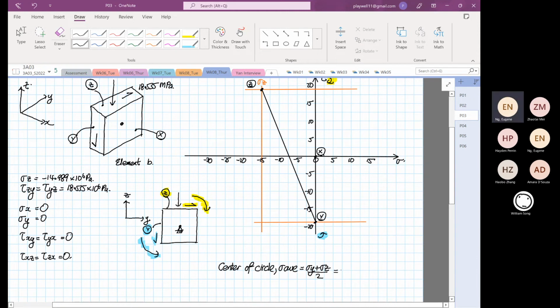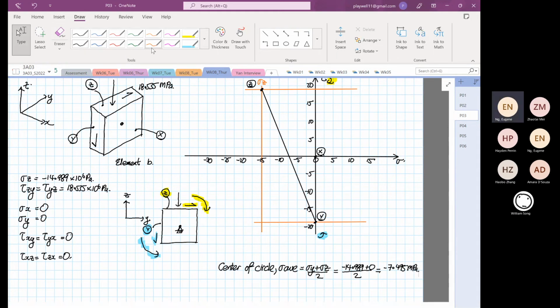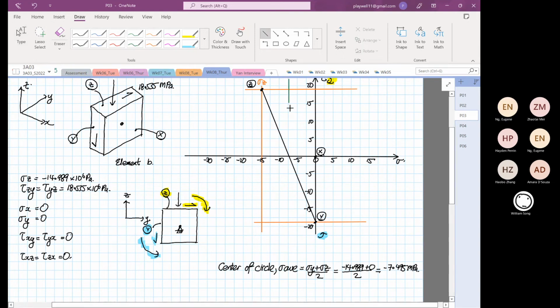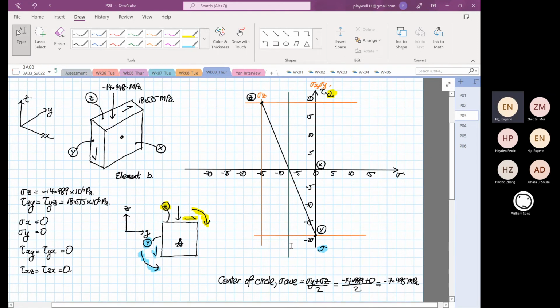So this is minus 14.989 plus 0 divided by 2. So minus 14.989 divided by 2 is equal to minus 7.495 megapascal. So this is our average stress.